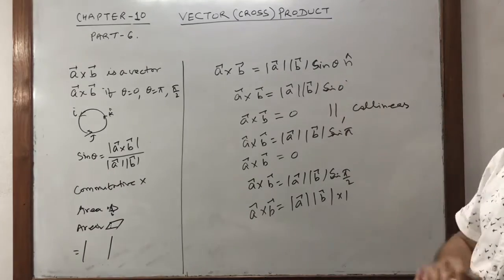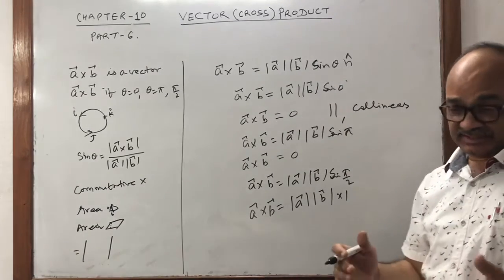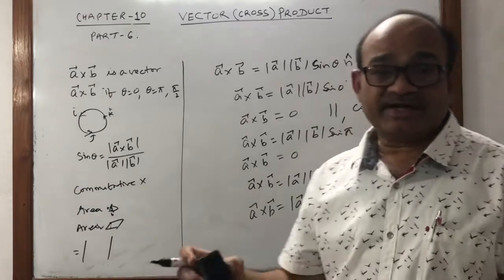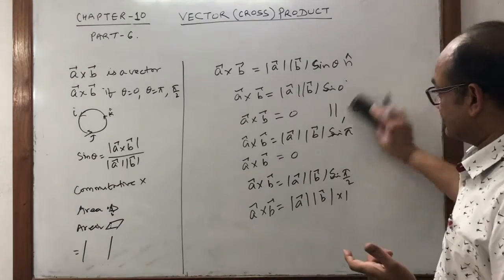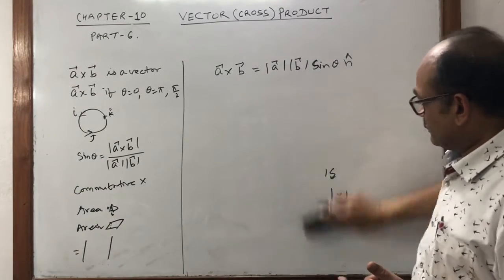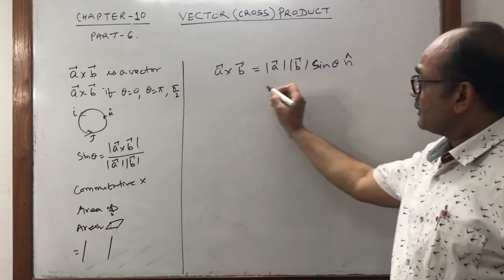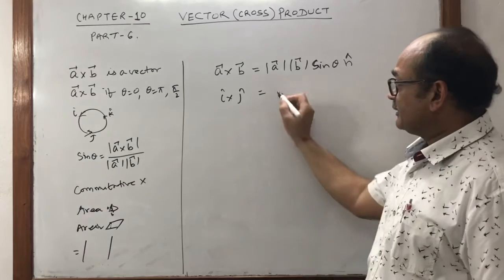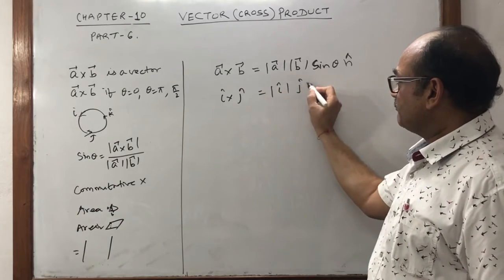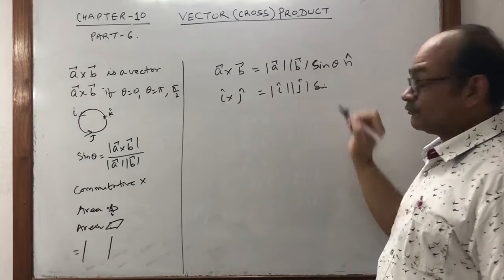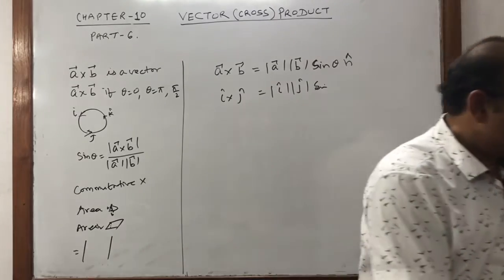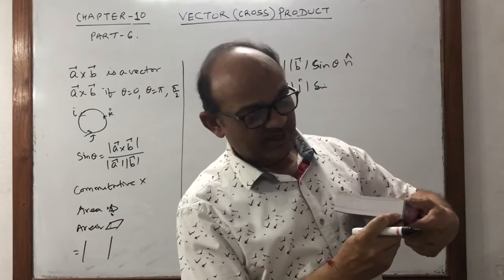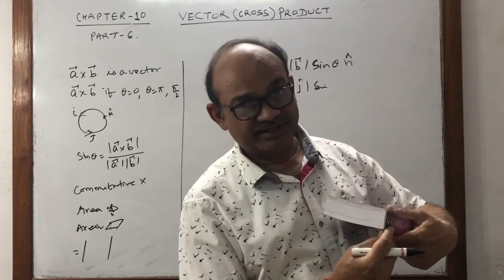Now the next point comes I, J, and K, our unit vectors on x-axis, y-axis, and z-axis. Suppose I cross J. I want to calculate I cross J. Then the meaning is magnitude of I, magnitude of J, sine. What is the angle between I and J? 90 degree.